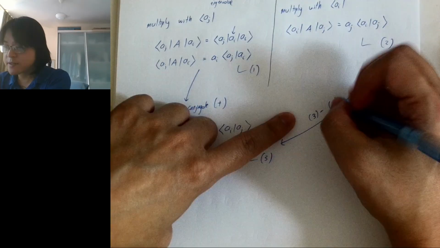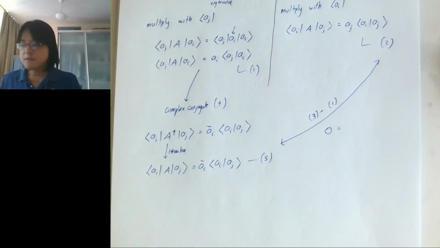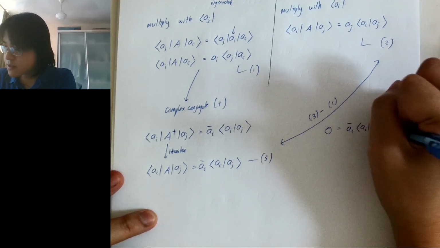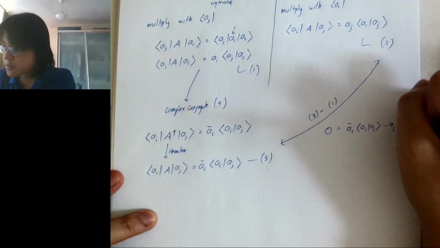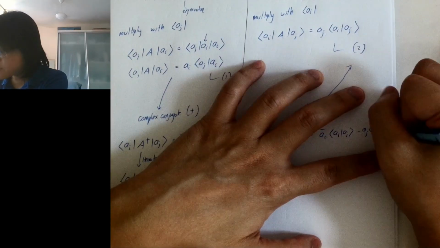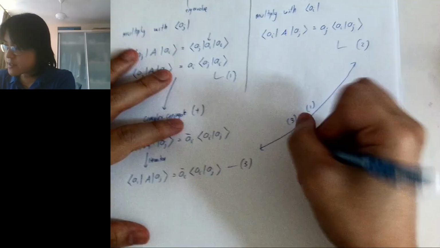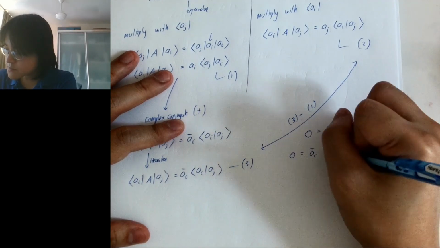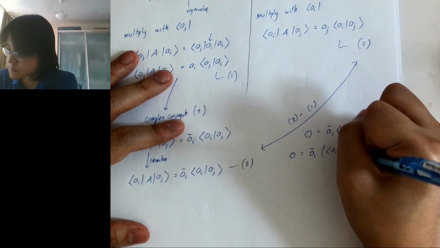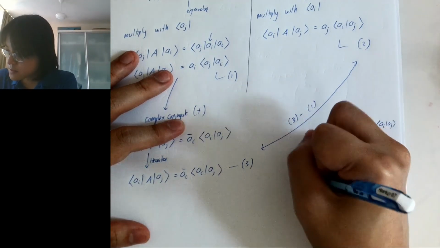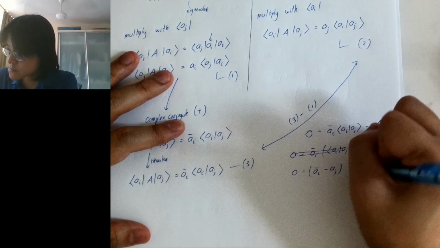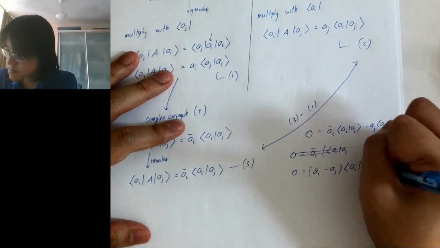So if I take the difference, it becomes this. So actually, I can factorize them. So I got ⟨a_i|a_j⟩ times (a_i bar minus a_j).